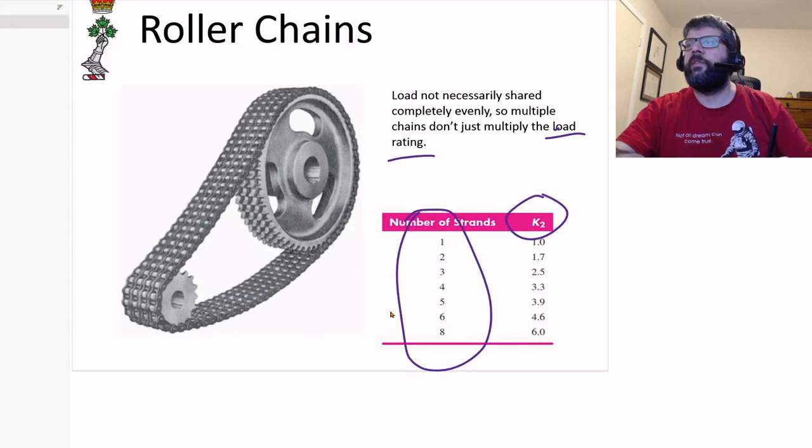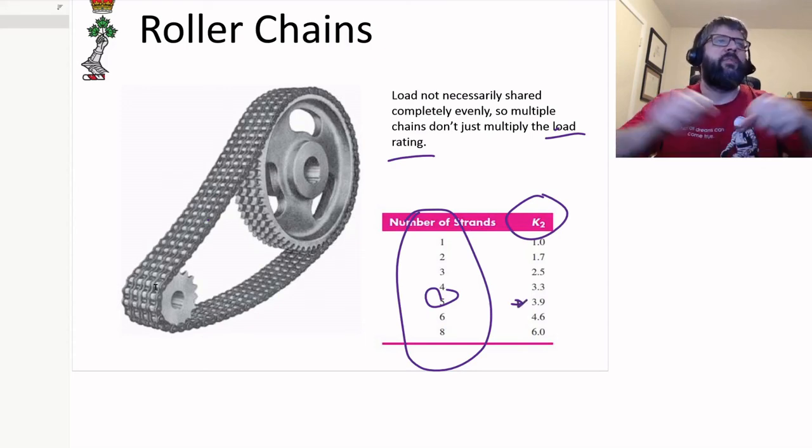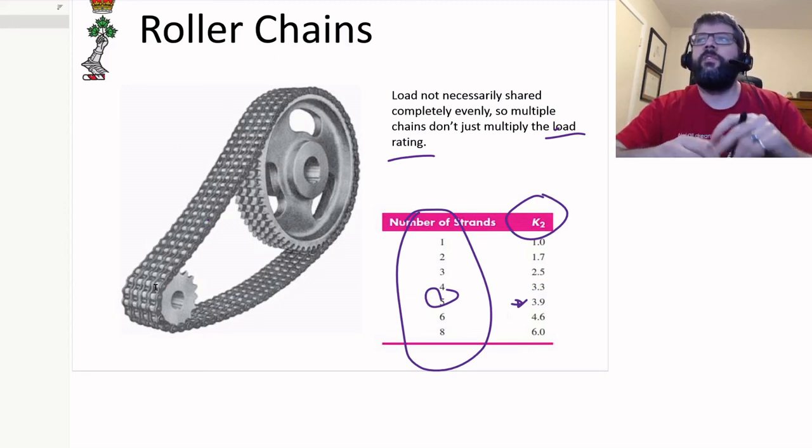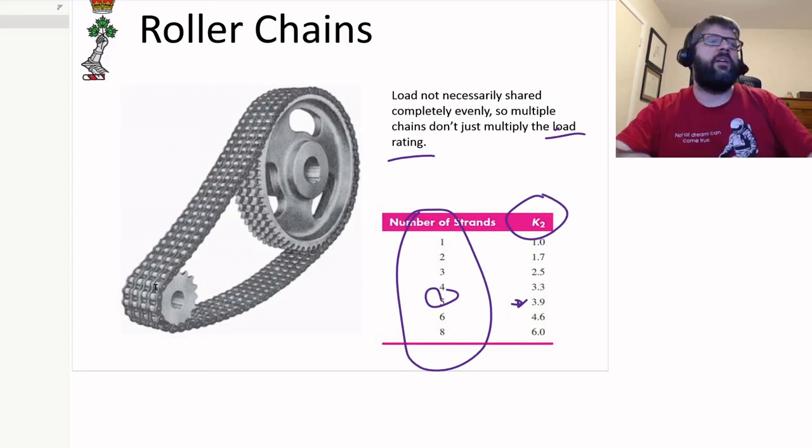So if you're using 5 strands, you take the load rating of the individual strand and multiply it by 3.9, and that'll give you your load rating in terms of pounds or newtons of force that the strands can accommodate.